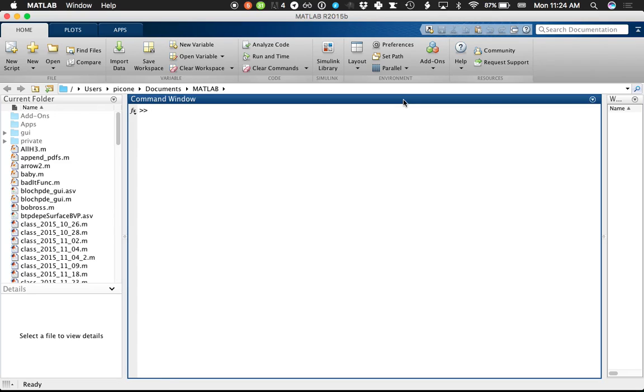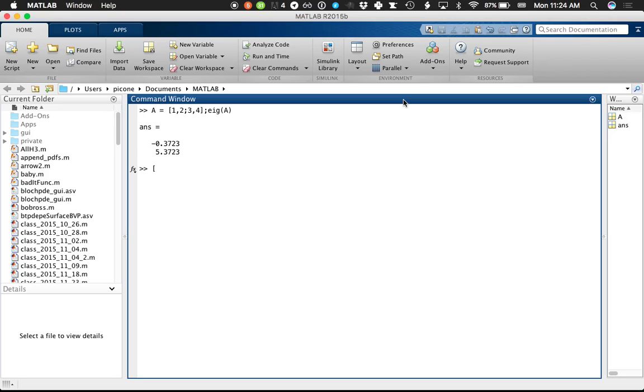So let's say A is equal to [1, 2; 3, 4], okay? If we did eig of A, it only returns the eigenvalues.